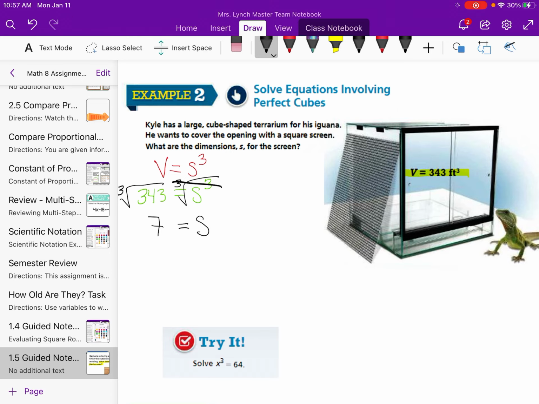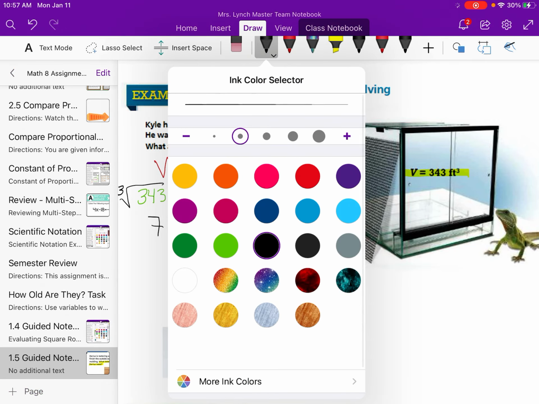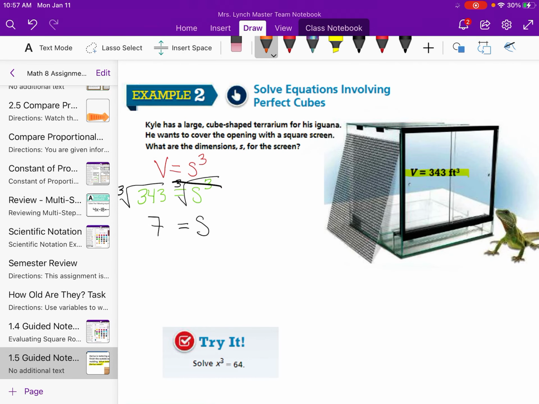Now here's the difference. If you noticed, when I gave you the answer this time, I didn't tell you to put the plus or minus. So here's a quick note about that. The value of S is not plus or minus the cube root of 343.